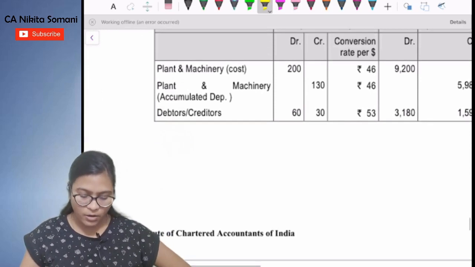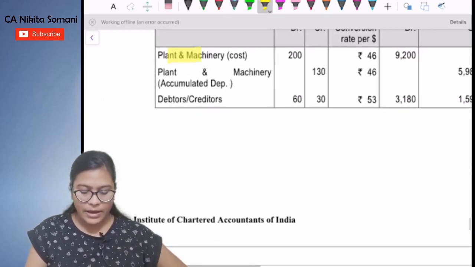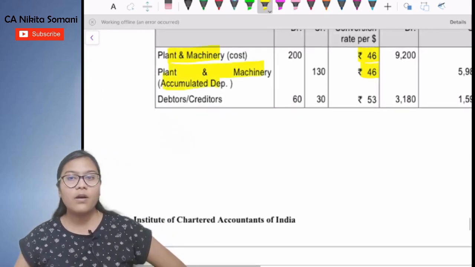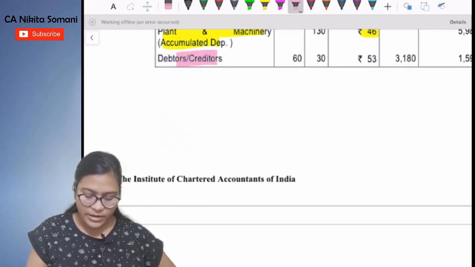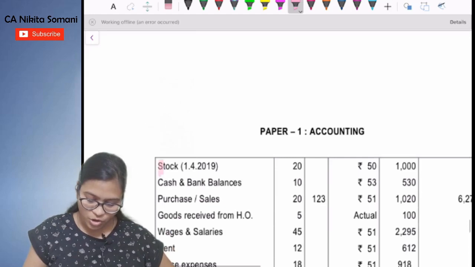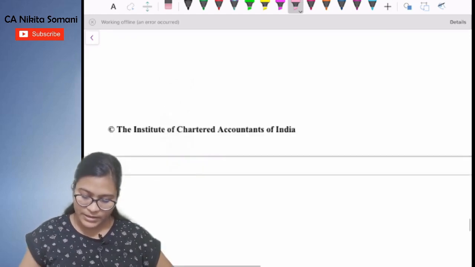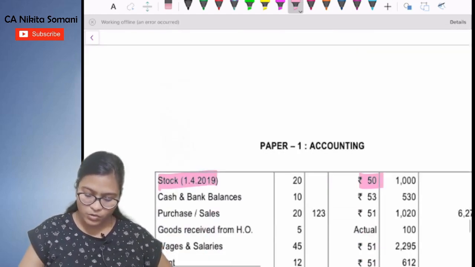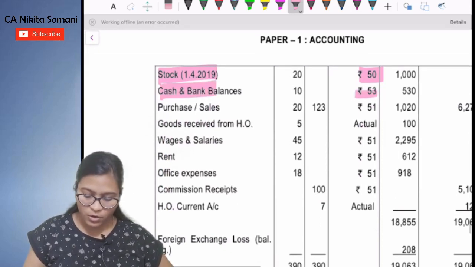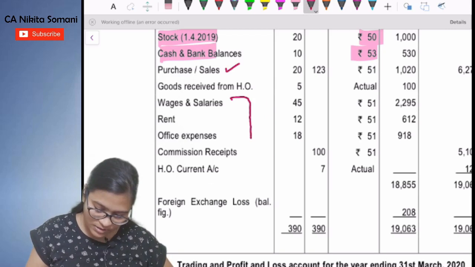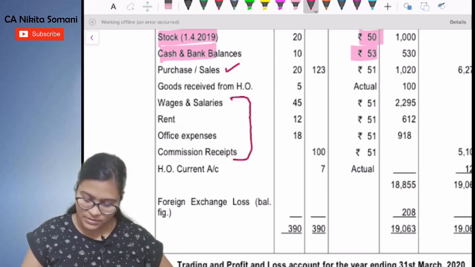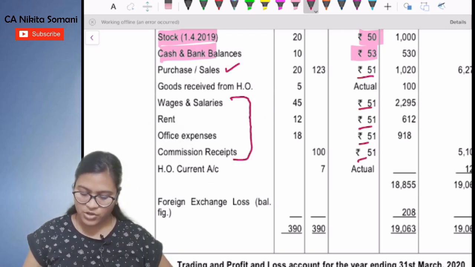In the Canberra branch, the plant and machinery and accumulated depreciation, this is the rate of fixed asset given. And then debtors, creditors and stock, this is the opening rate; debtors, creditors, this is the closing rate; cash balance, closing rate; and then all these things, purchase, wages, commission receipt, this is the average rate given.